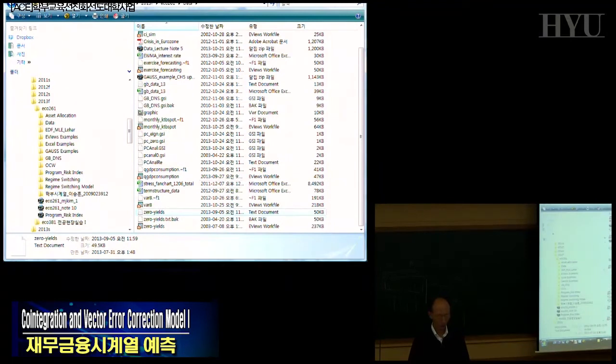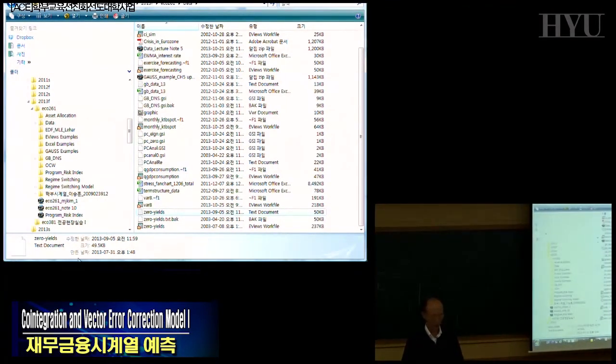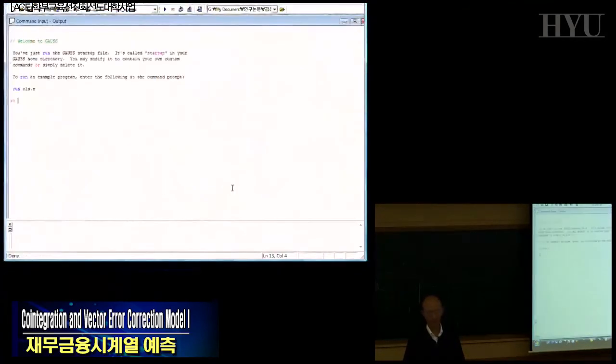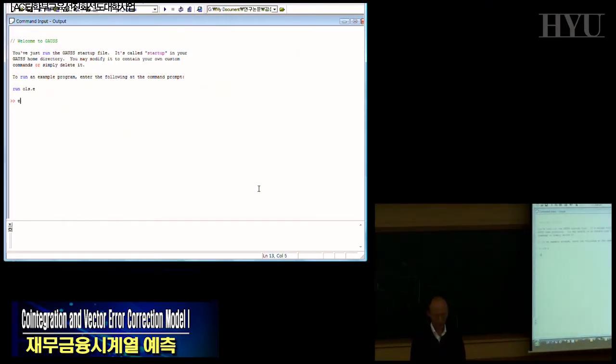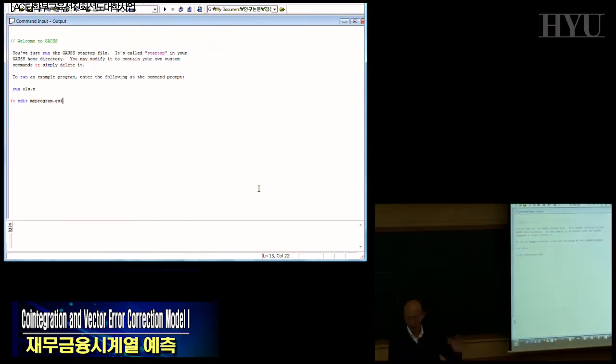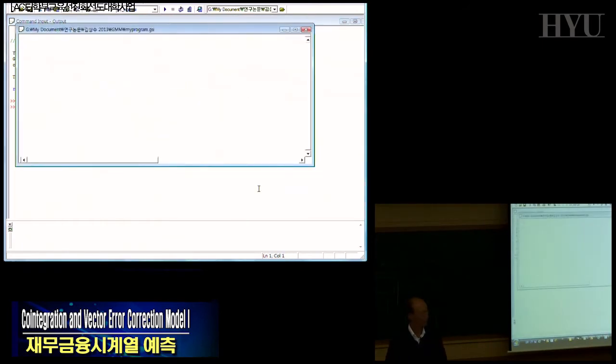To run this one, this is the Gauss prompt. I'm using version 6, but I believe they have a later version, but they're basically the same. If you press this one, this is the start of the Gauss program, and if you want to create any new file, then edit, then enter, and this is your new program, right?